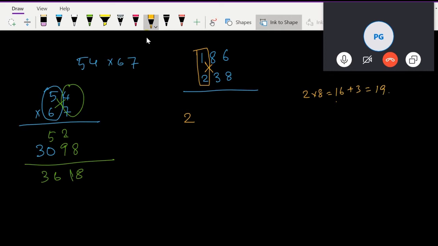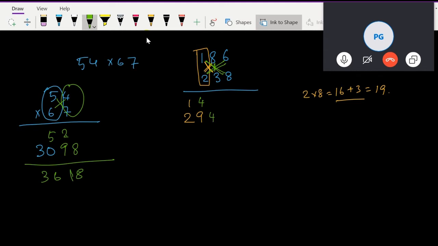So we write 19. Next, we cross multiply 2 with 6, 1 with 8, and 8 with 3. So 2 into 6 is 12, plus 8 is 20, plus 24 is 44. Right?